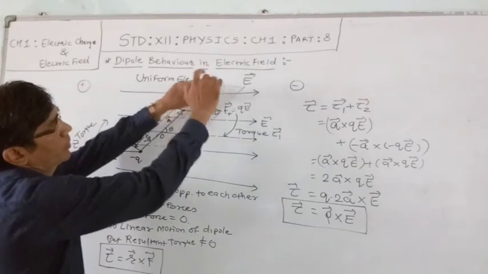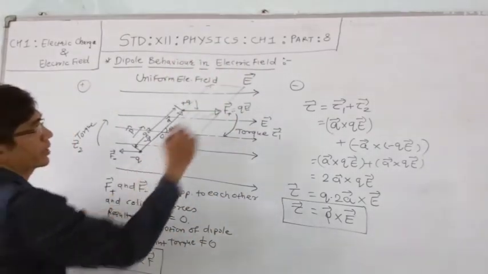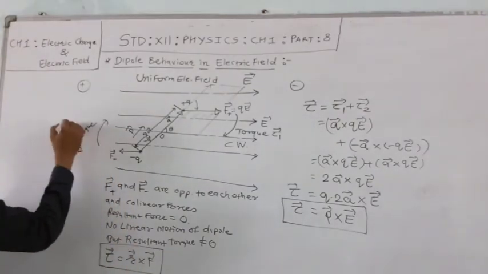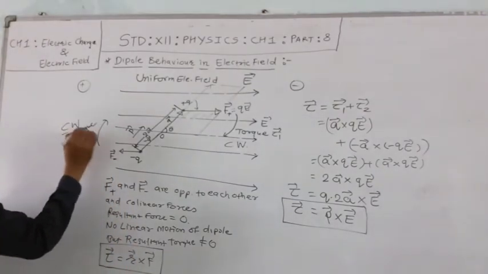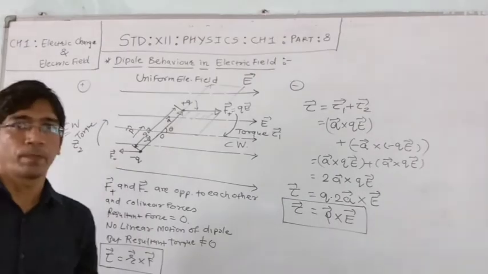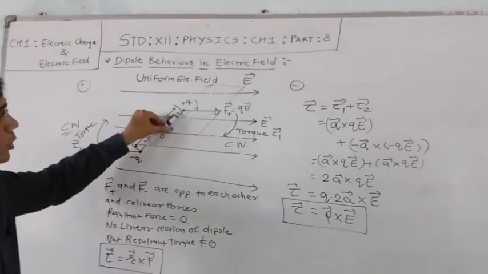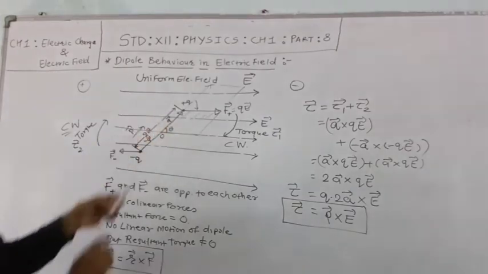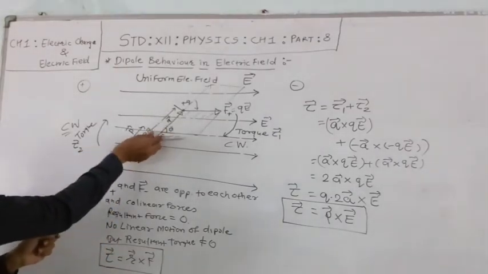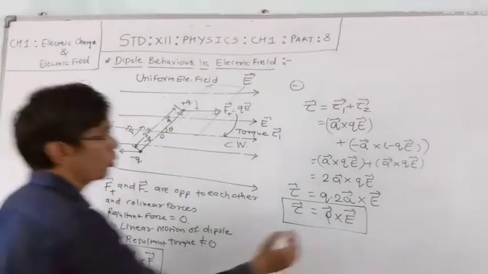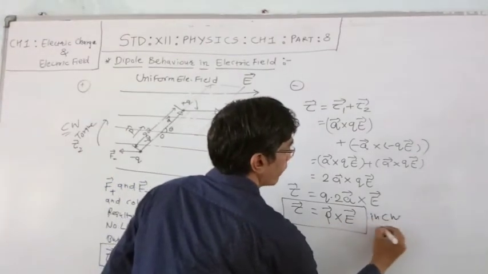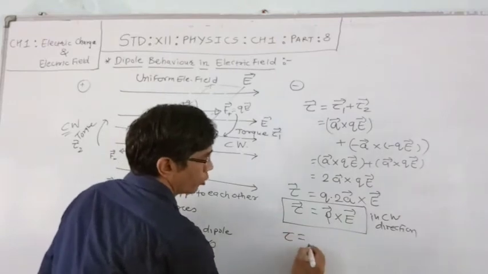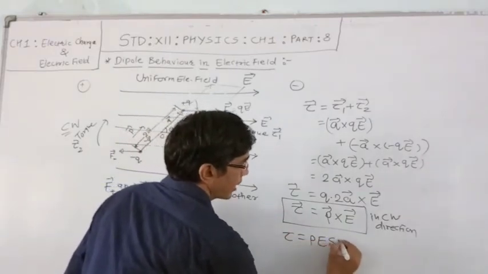The direction is clockwise. Here torque 2 is also in the clockwise direction. So ultimately the dipole is rotated in the clockwise direction, like this. The resultant torque is in the clockwise direction, and the value of the torque is given by pE sin theta.